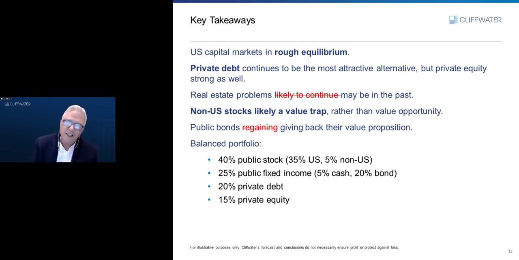So basically, I call it a value trap because you're just looking at one statistic. You're looking at PE ratios or dividend yields, and you're not looking at earnings per share growth rates. And if you look at the totality, U.S. stocks, at a minimum, have the same expected return as non-U.S. stocks.